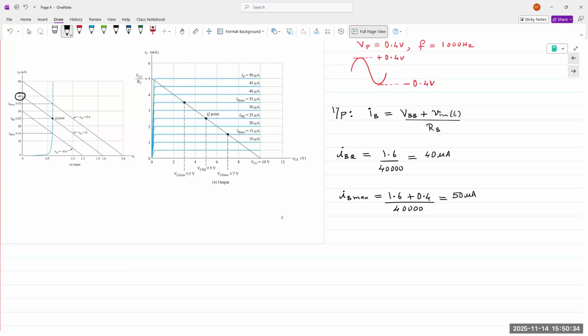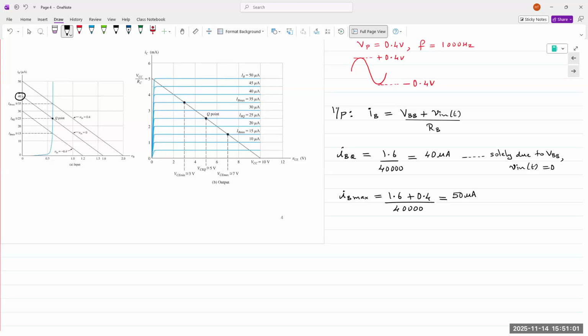So again, this is solely due to VBB. V in of T is equal to 0. AC is not yet applied. But now when you apply the AC, my Q point starts shifting. It's moving.